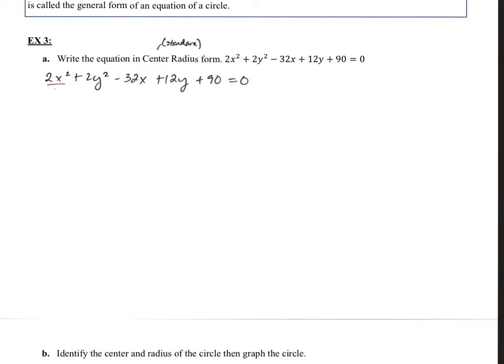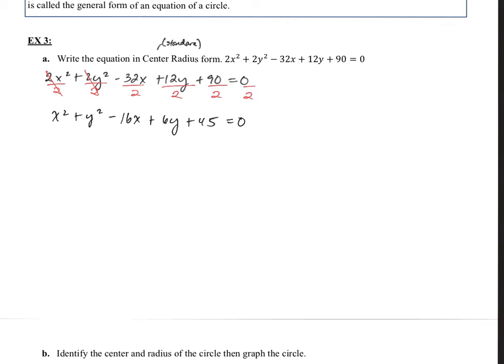Let's divide out by 2, which means we have to divide everyone by 2. Once we divide everyone by 2, we're left with x squared plus y squared minus 16x plus 6y plus 45 equals 0. So that was the first step. Make sure x and y are by themselves.